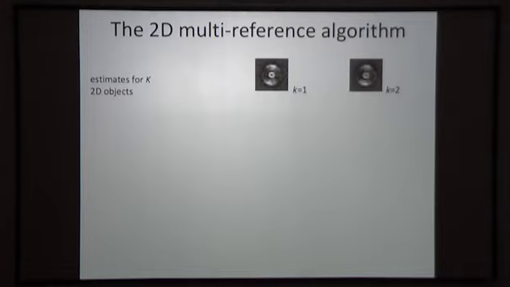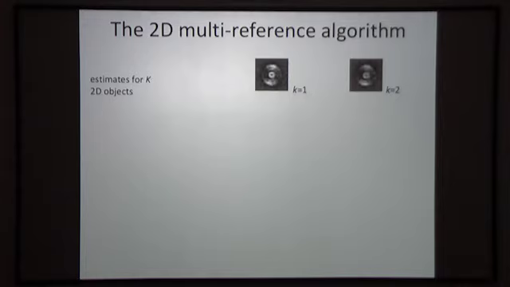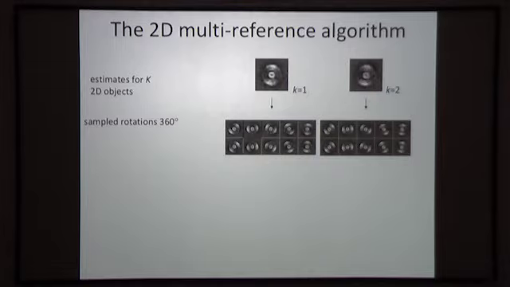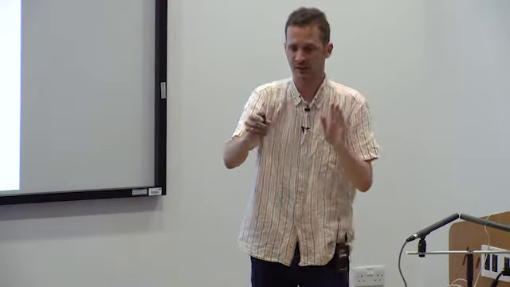Now, these are our two averages from random orientations. You can already see this is not completely random, but you get a disk-like thing. We're going to sample all the orientations, but rather than have one reference, we now have 2, because we said there are 2 different classes in this data set.